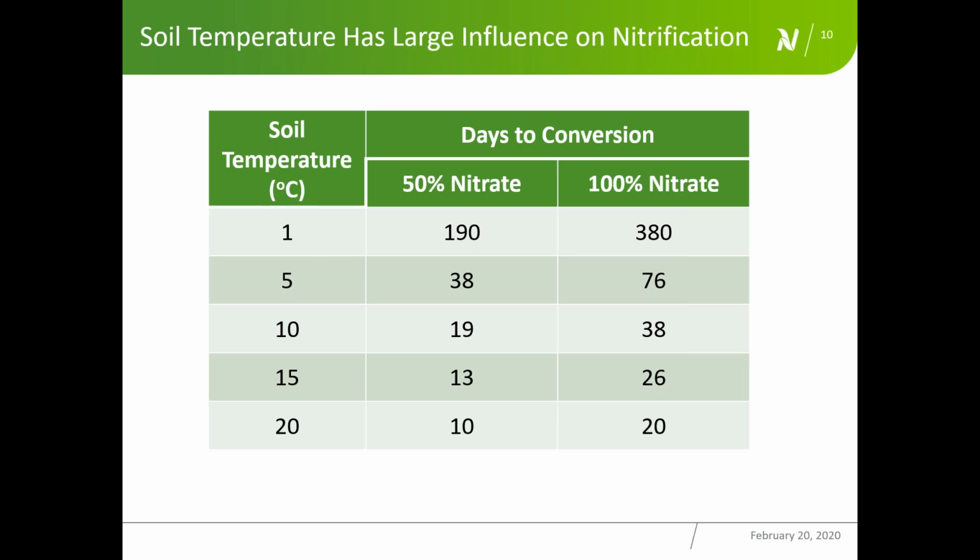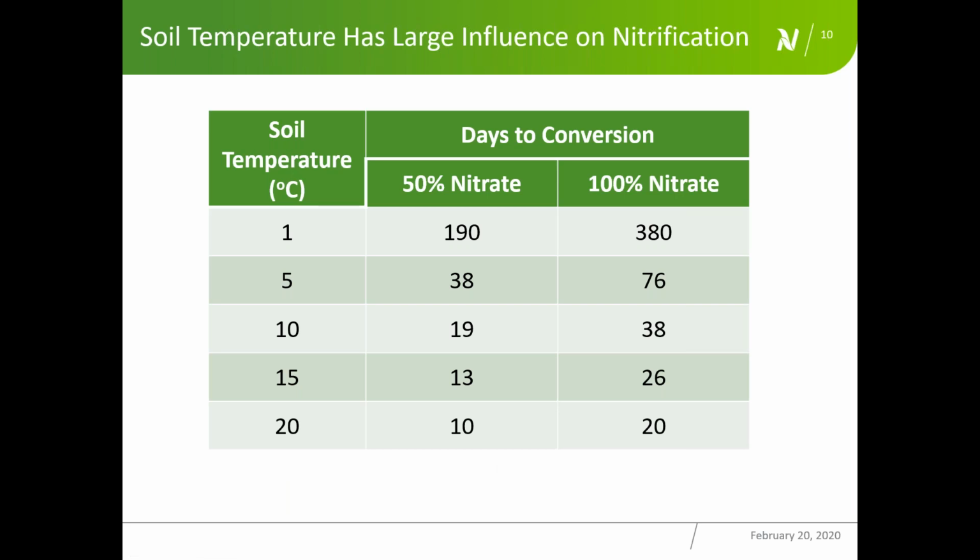It's not zero, but that conversion is very much slower. At 20 degrees, you can see we can convert 50% of the ammonium to nitrate in as little as 10 days or maybe even faster. And if the temperature is 25 degrees, that time becomes as little as a few days.